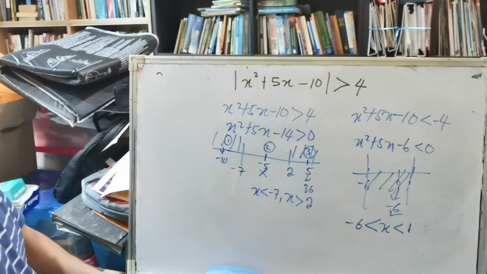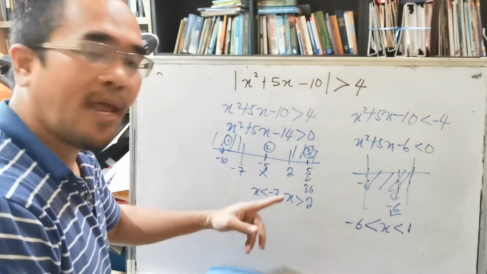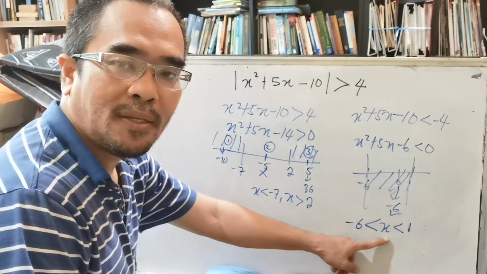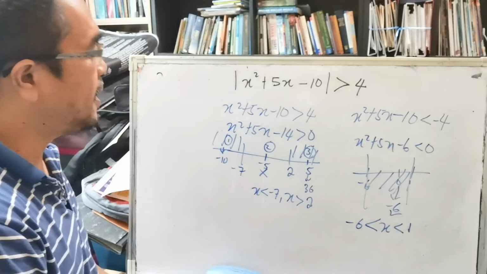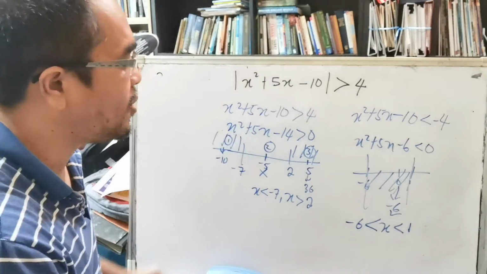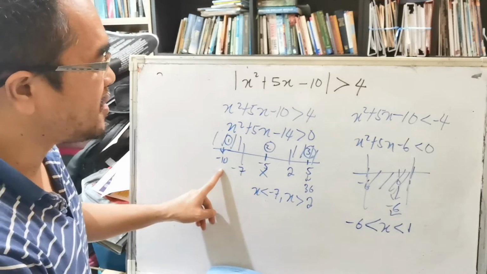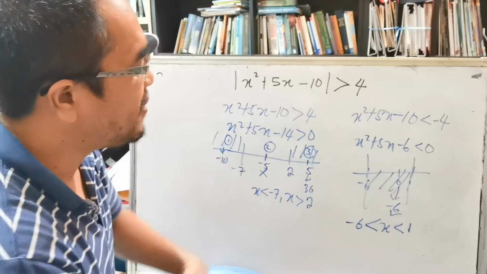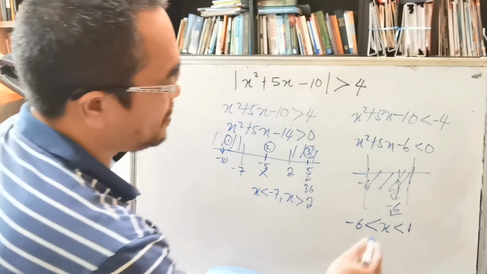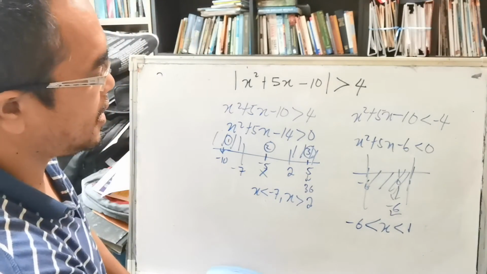So as a whole, you just pick any value that fulfill this requirement or this requirement. You will be able to find that value fulfill the requirement of the modulus. We had tried this one just now, and then we haven't tried this one yet. Between negative 6 and 1.